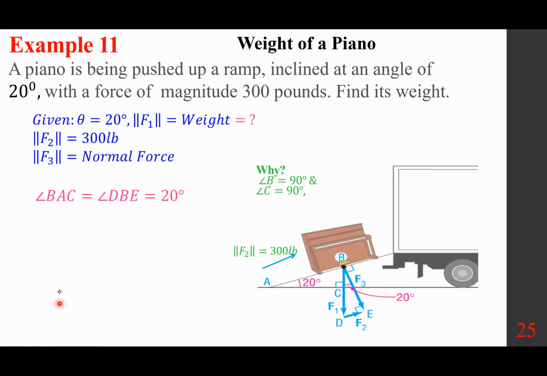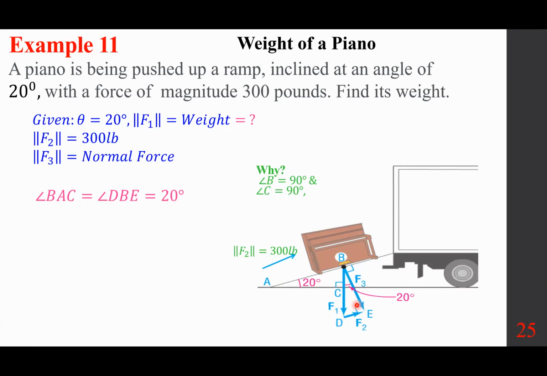And so sine of 20 degrees, if you look at this, sine of this angle, 20 degrees, is the opposite, F2, over the hypotenuse. Hypotenuse is opposite the 90-degree angle, which makes it F1.